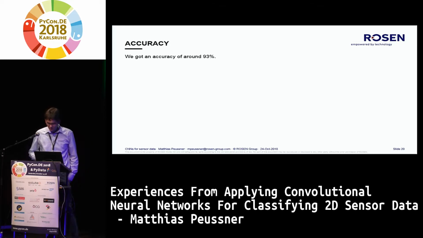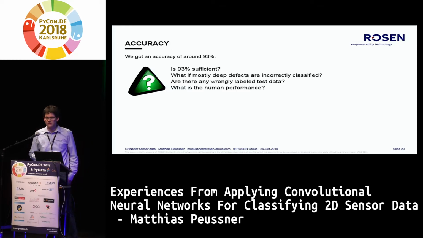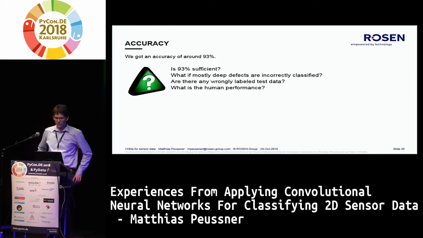And then, of course, the first question: is this sufficient? 93%. What if all the severe defects, that is the deep defects, are misclassified? What about wrongly labeled data in my data?